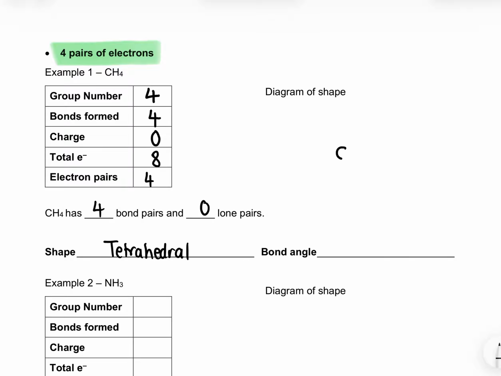We have to put the C in the middle and draw a tetrahedral shape, which is like a point at the top and then a triangular base pyramid at the bottom. So these 2 bonds are going to be in the plane of the paper, and then we're going to have a wedge coming out to the bottom front corner of the pyramid and a dashed line going backwards and down to the bottom back corner of the pyramid.